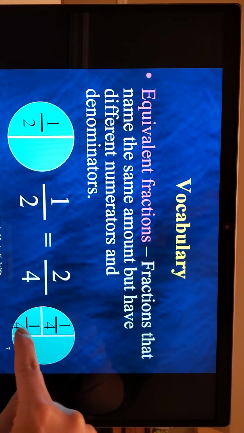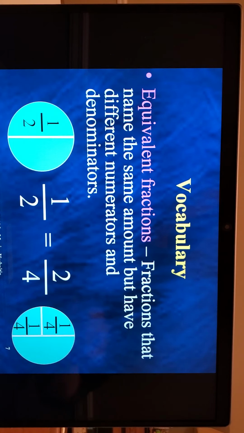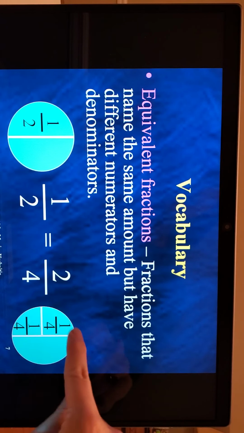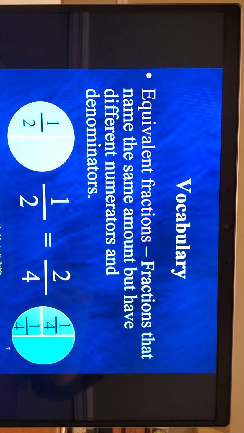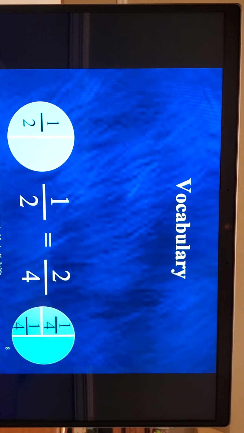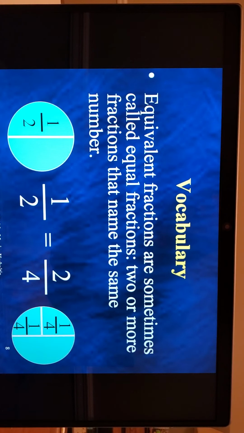So if we are only counting 2/4 of this circle, that is the same amount as 1/2 of this circle. It takes up the same amount of space. So they're sometimes called equal fractions. Two or more fractions that name the same number are equivalent fractions.